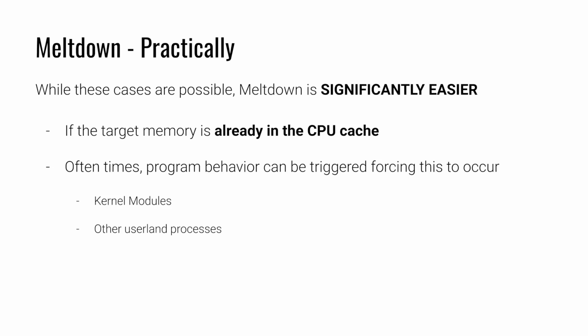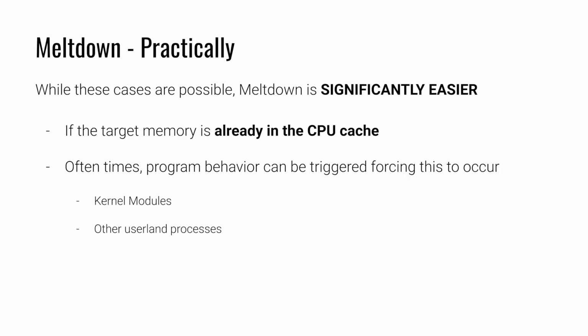If you go on GitHub and find the official paper proof of concept Meltdown exploits, you'll note that all of them preload the targeted value into the cache. It is significantly easier, timing-wise, to pull these off if the value is already in the cache.